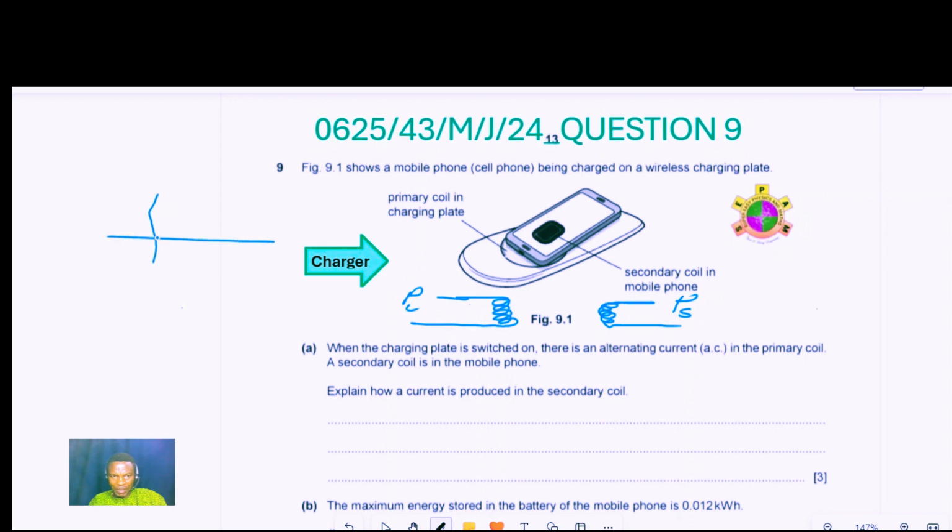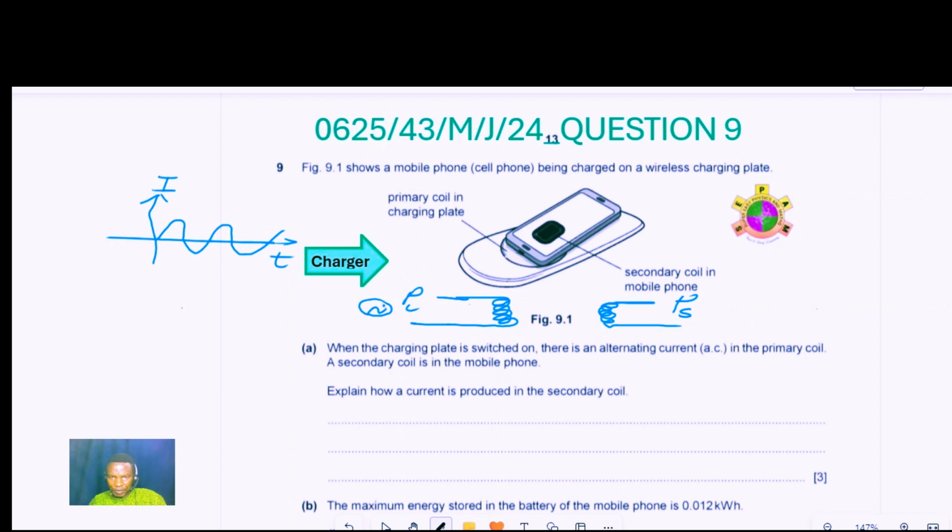We are looking at the current I as a function of time. The value varies, so it's an alternating current, powered by an alternating current source.